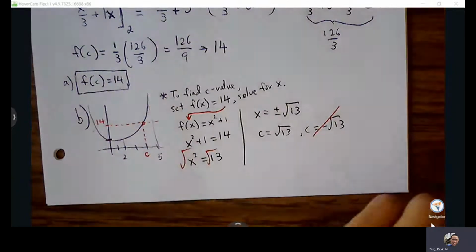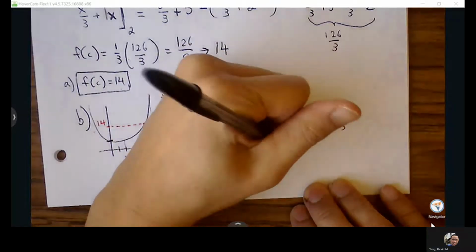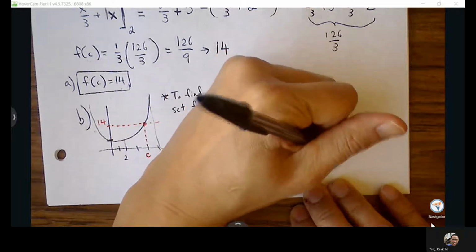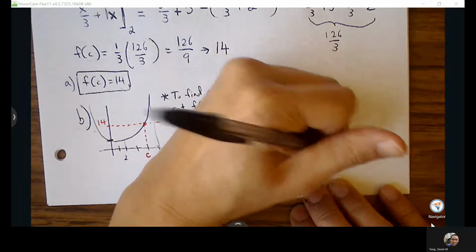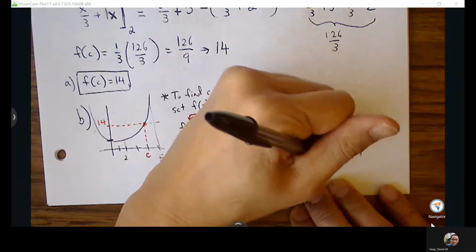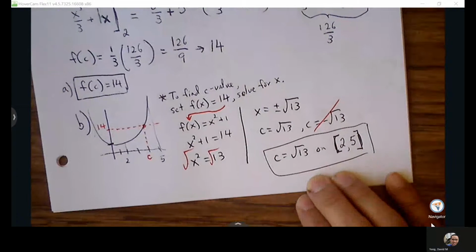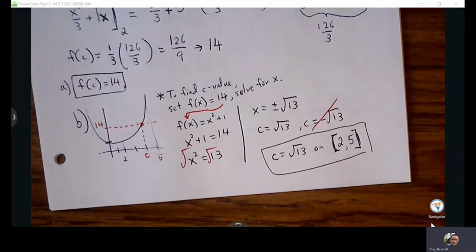So that's out. So we only care about what's in between the interval. From 2 to 5, our C value is root 13.